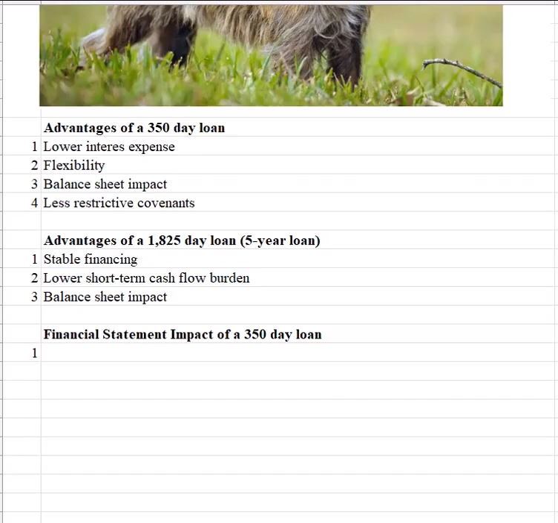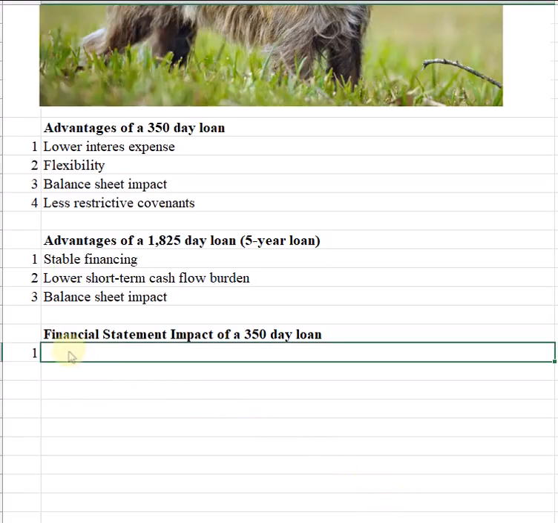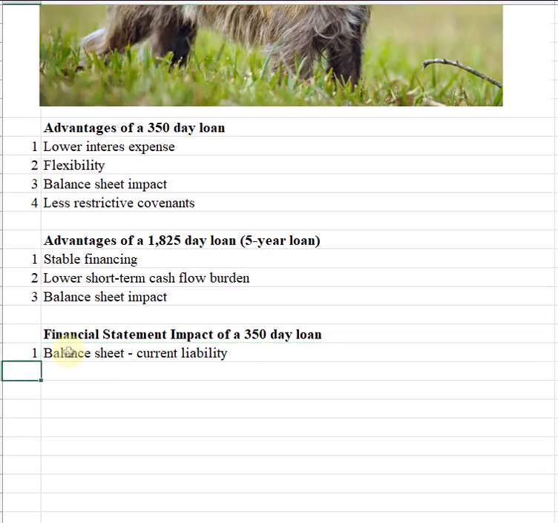All right, now let's specifically focus on the financial statement impact of the 350-day loan. First, on the balance sheet, what we have is a current liability. It would most likely be called short-term debt, loan outstanding, something like that.